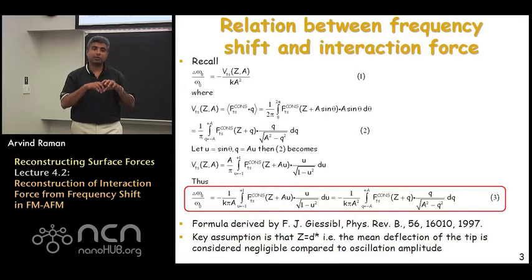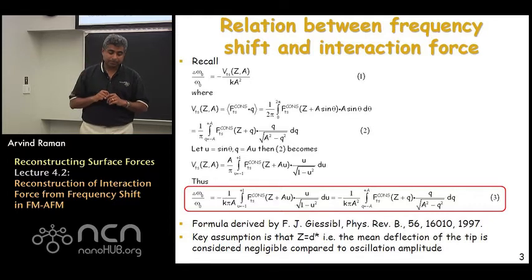So with that assumption in place, you may recall that the frequency shift, which is delta omega naught divided by omega naught, which we're going to represent by the new symbol uppercase omega, is related to the virial as shown by equation 1, where the virial is described by the equation right below that. Now, equation 2 describes the expression for the virial that we've already studied before.